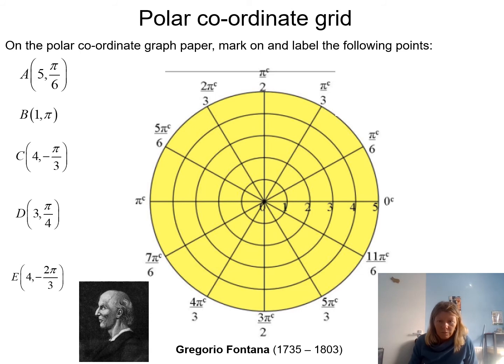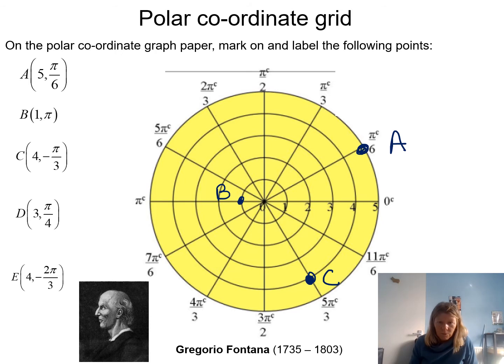Right, it's the first one. 5 along, pi by 6. See if you agree with me. 1 along, pi. Hope I don't get these wrong. 4 along, minus pi by 3. I'll be down there then. And then D, 3 along, pi by 4.